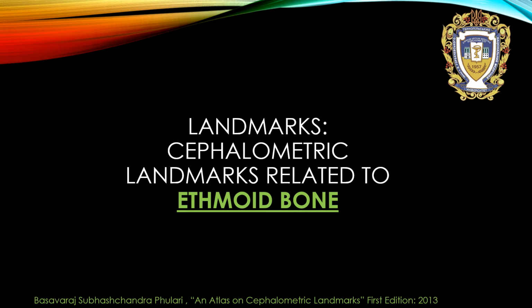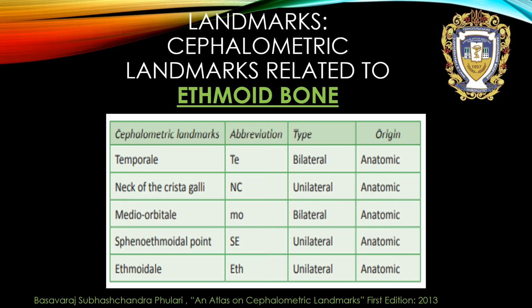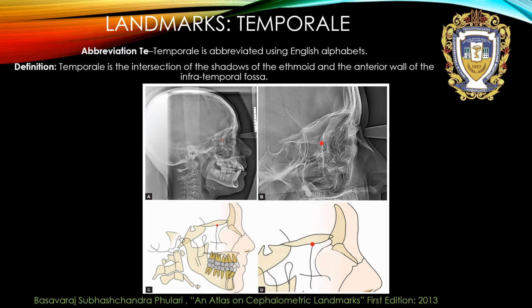Main landmarks related to ethmoid bone. There are 5 landmarks: temporale, neck of the crista galli, medio-orbitale, sphenoethmoidal point, and ethmoidal point. The most important are temporale. It is the intersection of the shadows of the ethmoid and the anterior wall of the infratemporal fossa, like here.